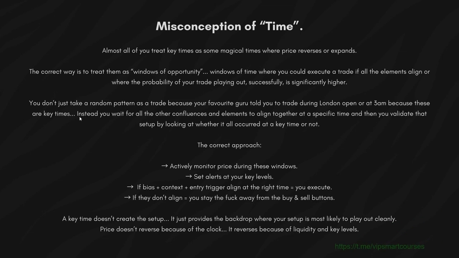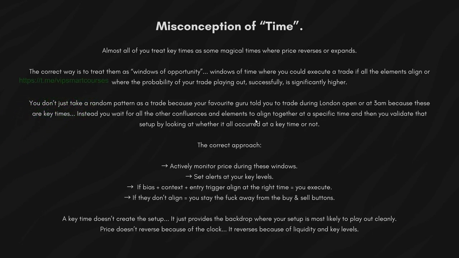That's not how it works. Instead, you wait for all of the other confluences and elements to align together at one of these specific times, and then you validate that setup by looking at whether it all occurred at a key time or not.